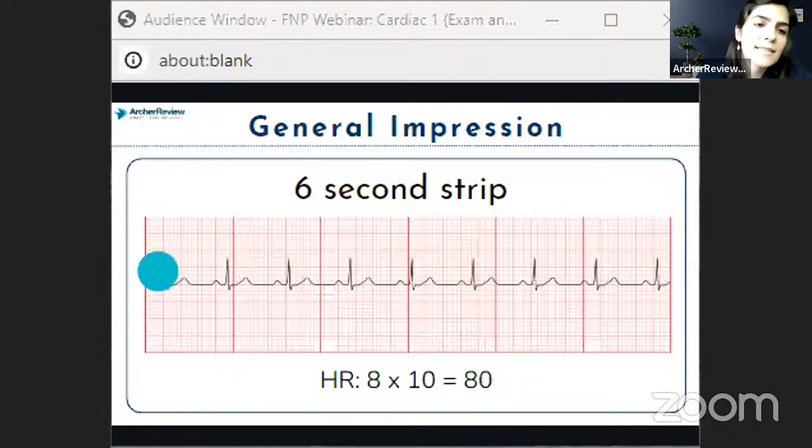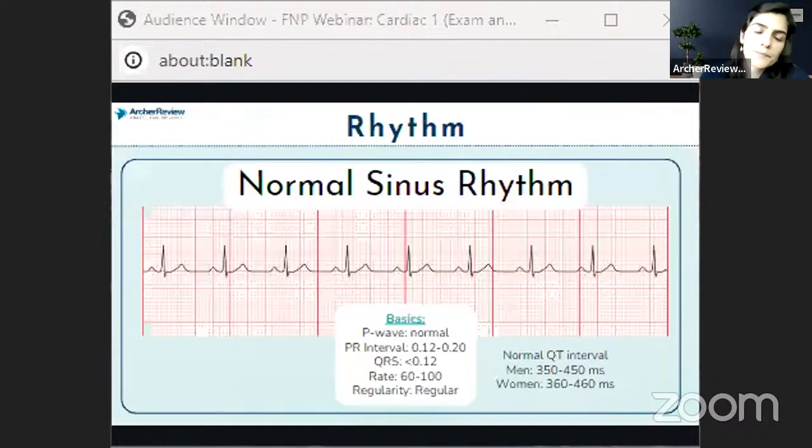In this case, we have 1, 2, 3, 4, 5, 6, 7, 8 R to R cycles. I multiply that by 10, and so the rate is 80, which is normal. That's a quick little shorthand. So this strip is a normal sinus rhythm.